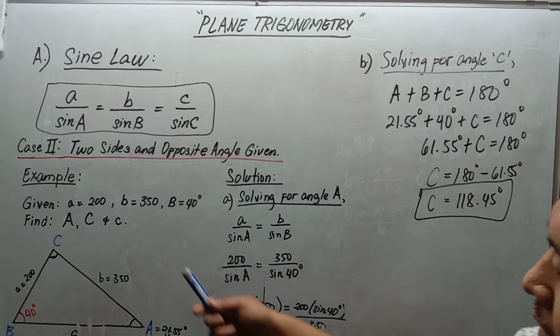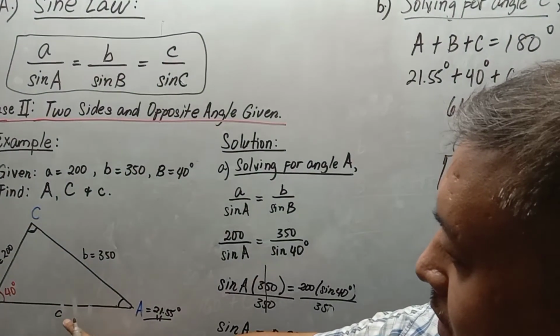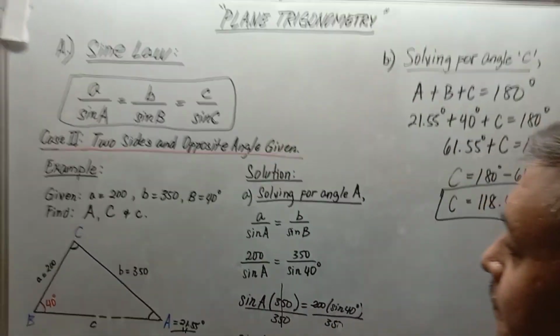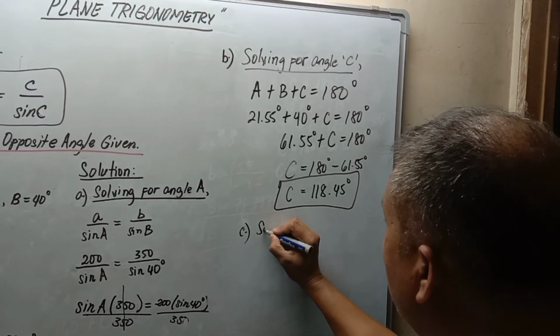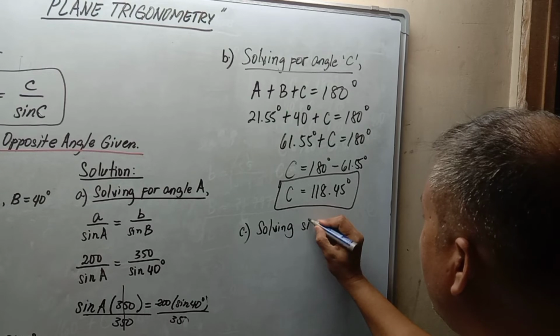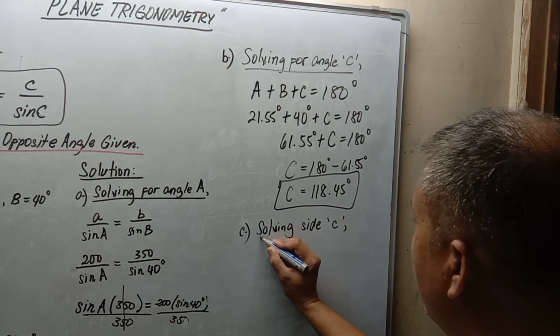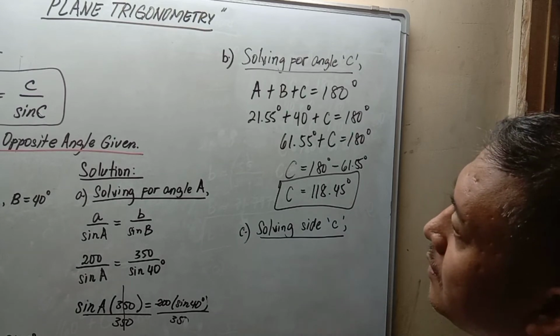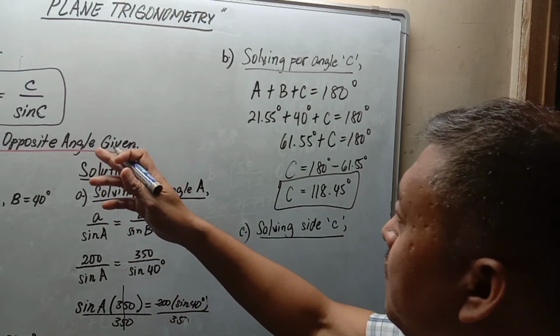Now the third requirement is we need to find the third side, which is C. Solving for side C, we will use again the same equation for sine law.